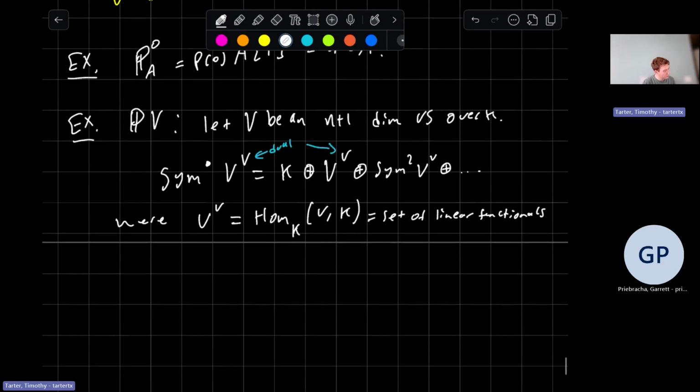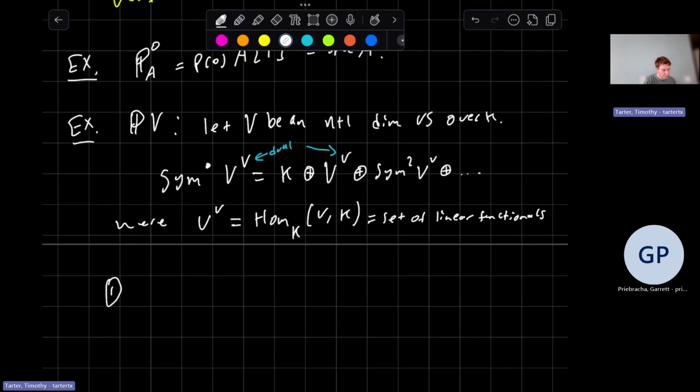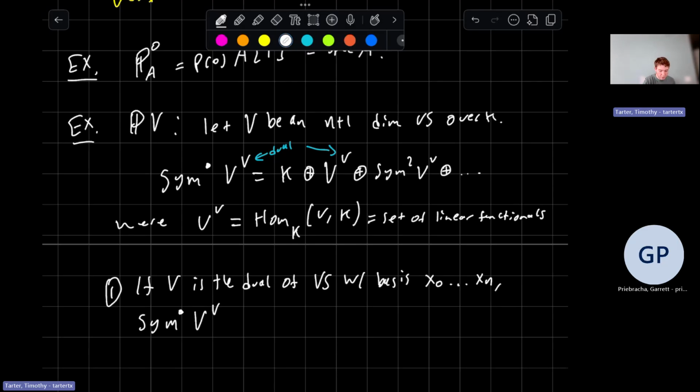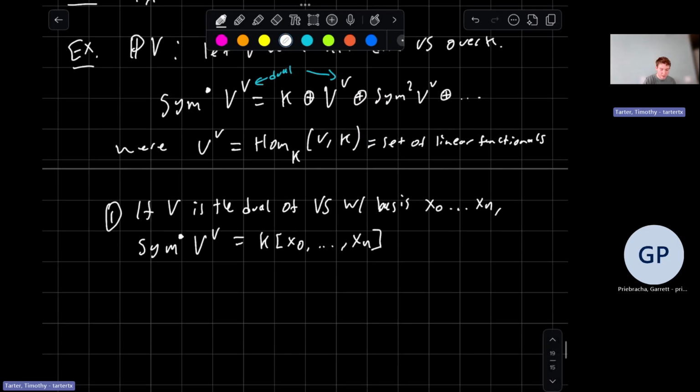So for example, if V is the dual of the vector space with basis x naught through xn, then Sym bullet of the dual of V is k over x naught through xn, and PV is Proj Sym bullet of the dual of V. In this language, we have an interpretation for the projective coordinates.